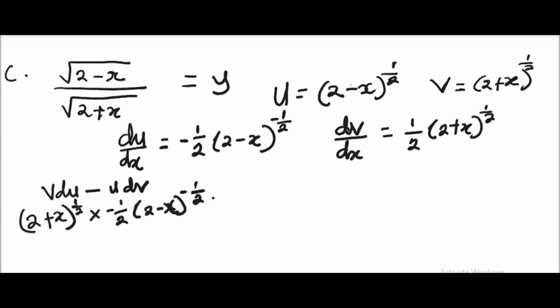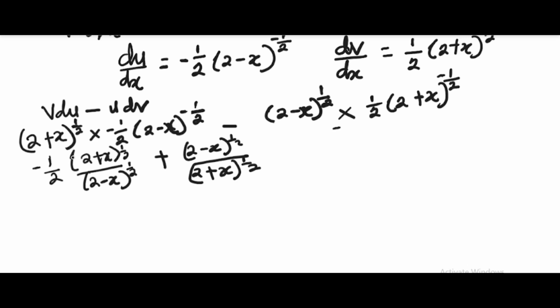Minus, what's my u? My u is 2 minus x raised to the power of half, times, what's my dv? My dv is half 2 plus x raised to the power of half.